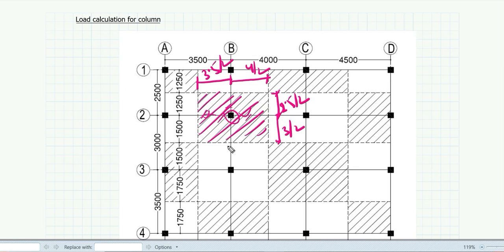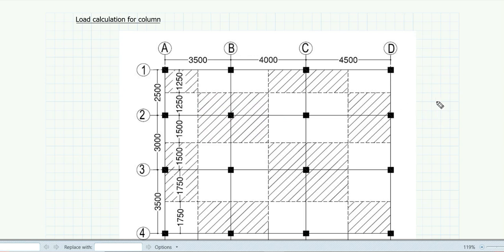When you are considering the first floor, see, suppose this is the case, something like this. Let me draw it clearly. So these are the beams, suppose this is the ground floor, then this is the first floor.